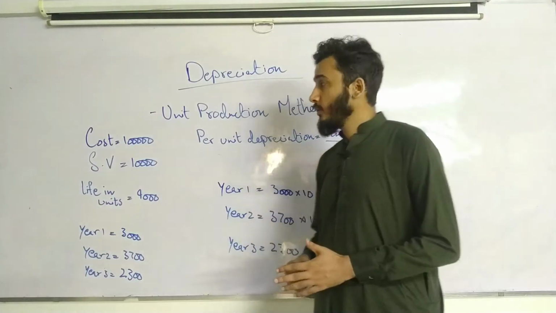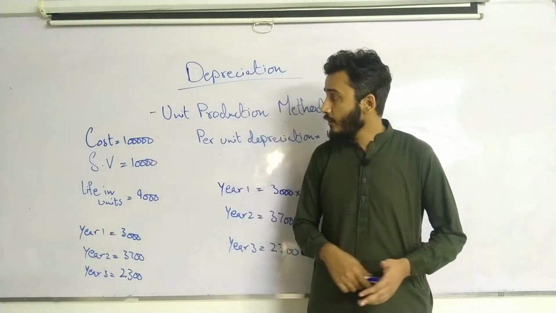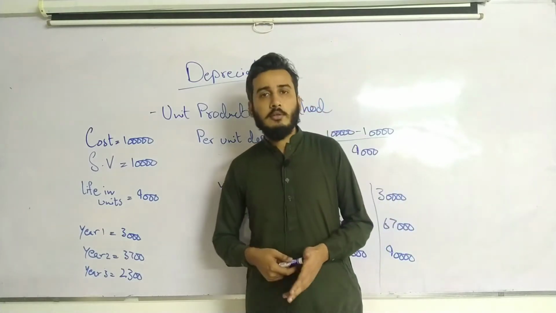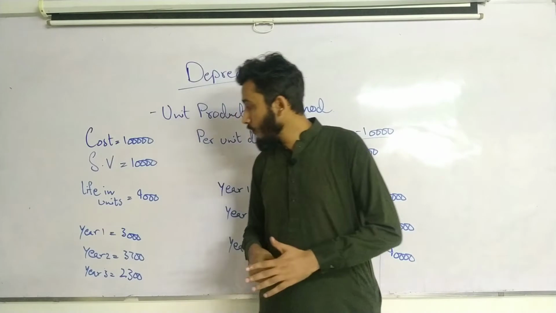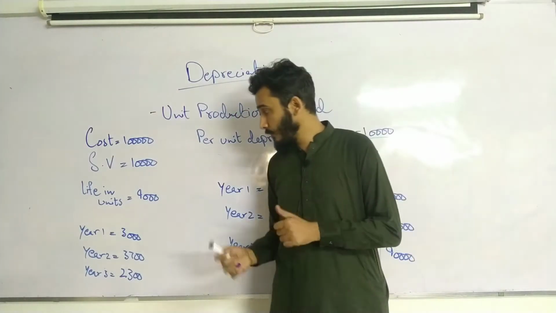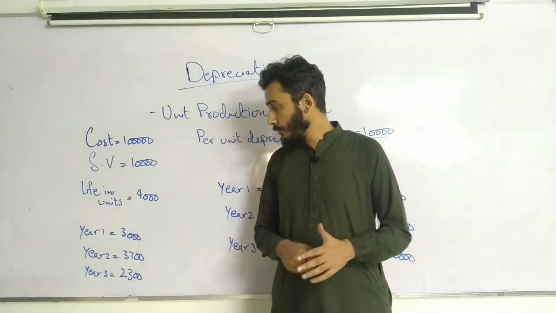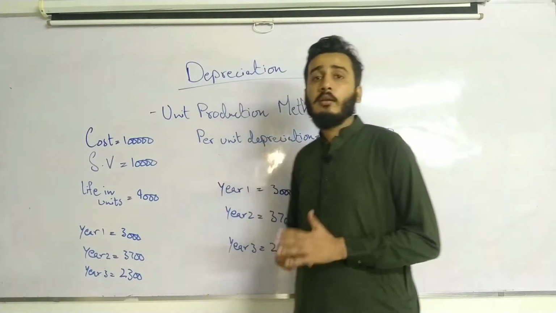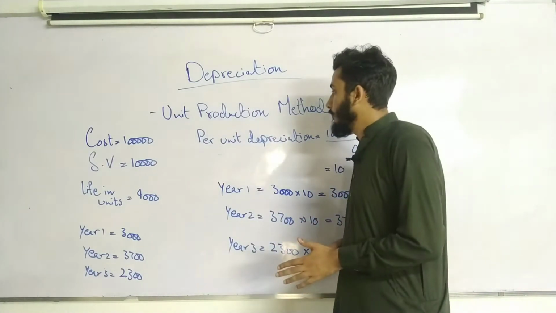Okay, so by using the data of the previous questions, we have cost 100,000, then scrap value 10,000, then life in units 9,000. And additionally, in year one, the machine produced 3,000. Then in year two, machine produced 3,700 units, and in year three, machine produced 2,300 units.